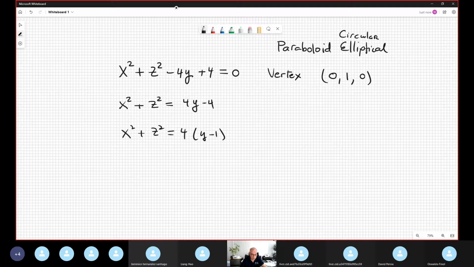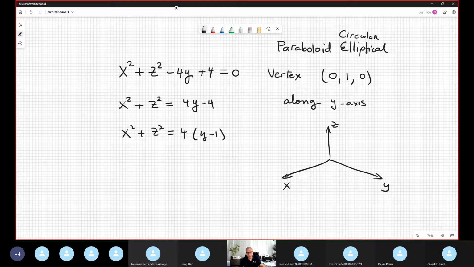And this paraboloid is along the variable that gets different. You see x squared, z squared, and the only difference is linear y, so it's along the y-axis. So, intuition, a quick interpretation of this in x, y, and z.